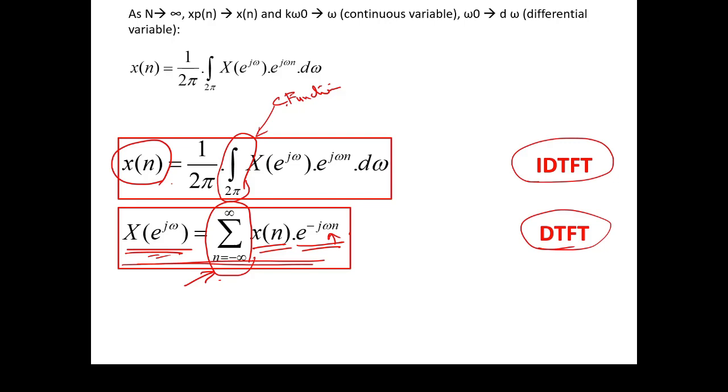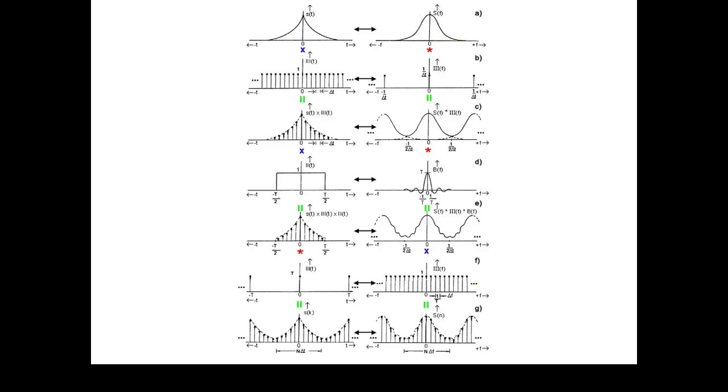So we need a transform where the values are discrete, and those discrete values can be handled by the digital systems. That means we have to convert this continuous time domain into the discrete time domain, and this is what the discrete Fourier transform is. This is a very good chart.